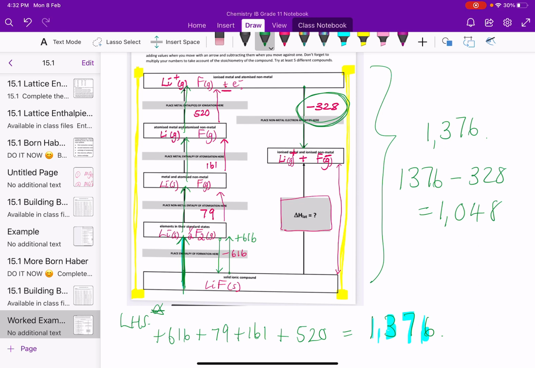So this represents the energy that is here. So both of these two values added together equal the same as they do on this side.